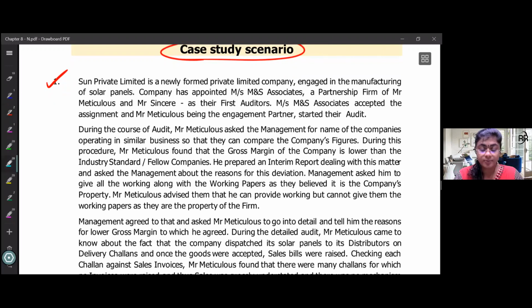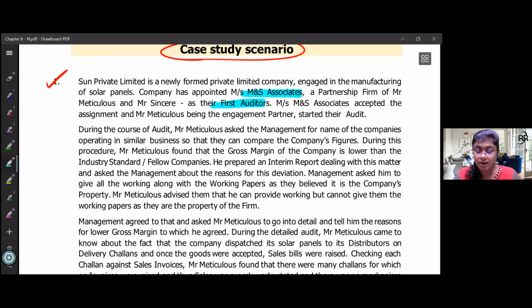Sun Private Limited is a newly formed private company engaged in manufacturing of solar panels. Company has appointed Messrs. MS Associates, a partnership firm of Mr. Meticulous and Mr. Sincere. What names, right? As their first auditors. Messrs.